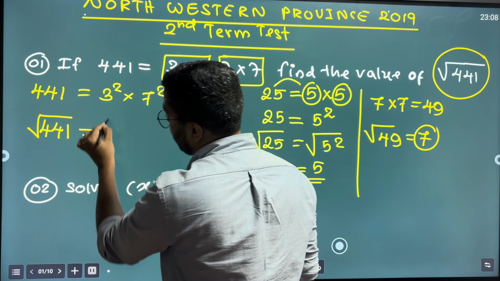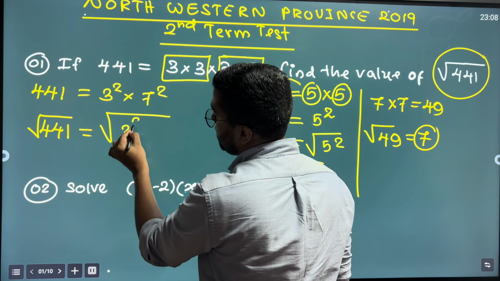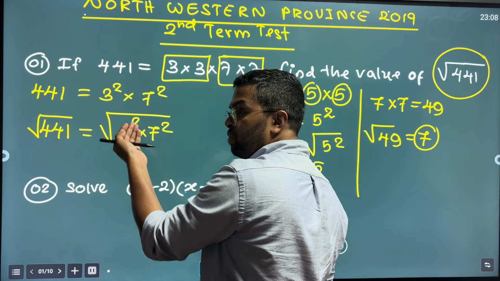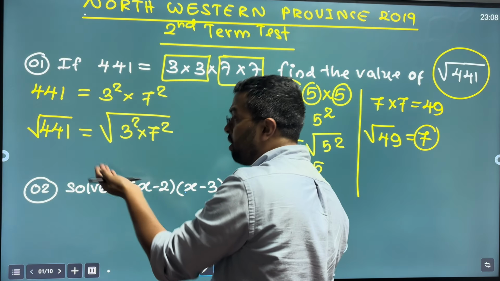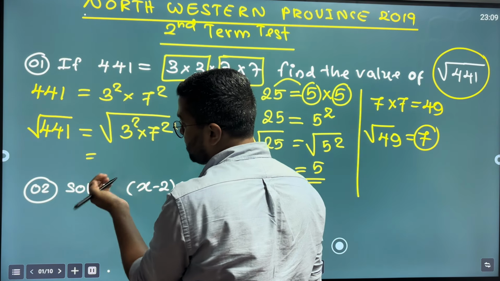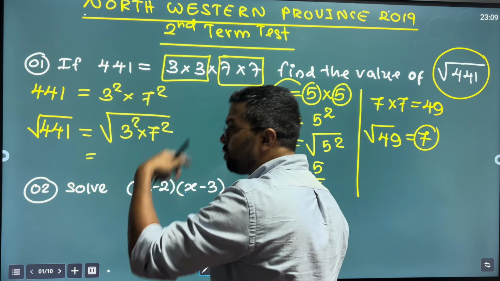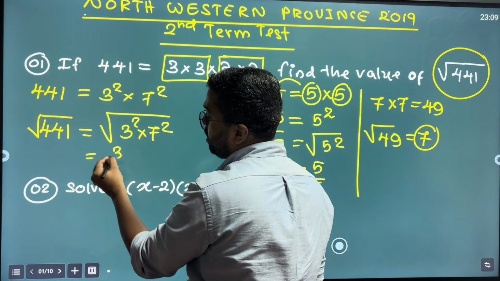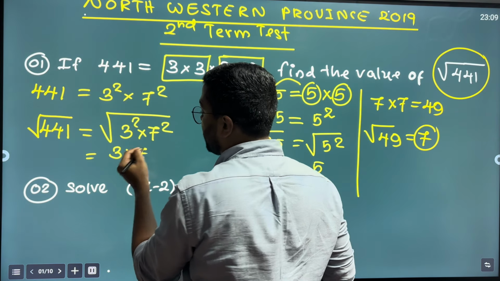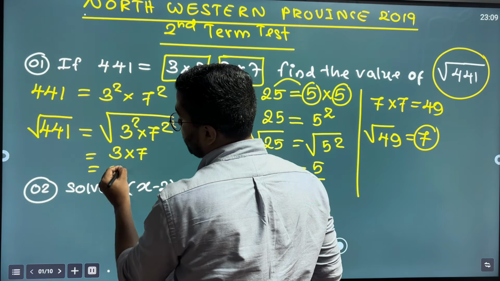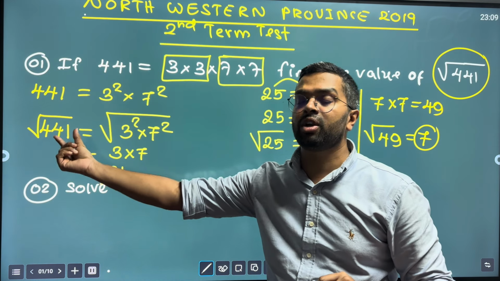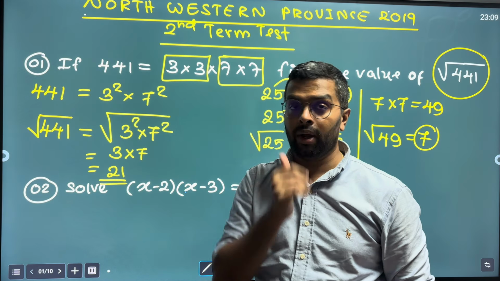Since this is an equation, I need to consider the square root of the right hand side as well. Now we have 3 to the power 2 and 7 to the power 2 along with the square root symbol. So you can remove the square root symbol and also the second powers. Your final answer will be 3 times 7, which is equal to 21, right? So the square root of 441 is equal to 21.